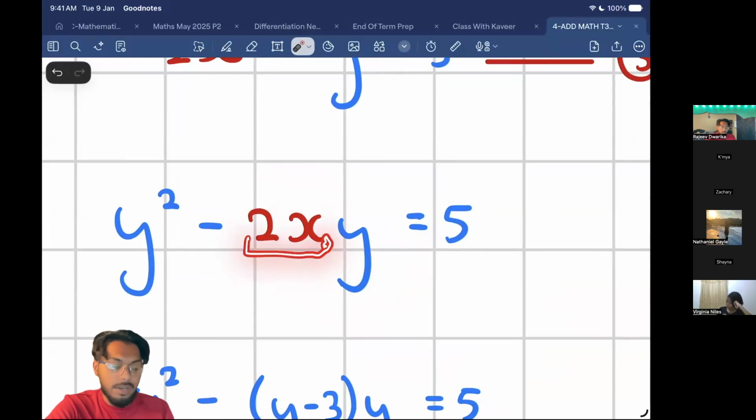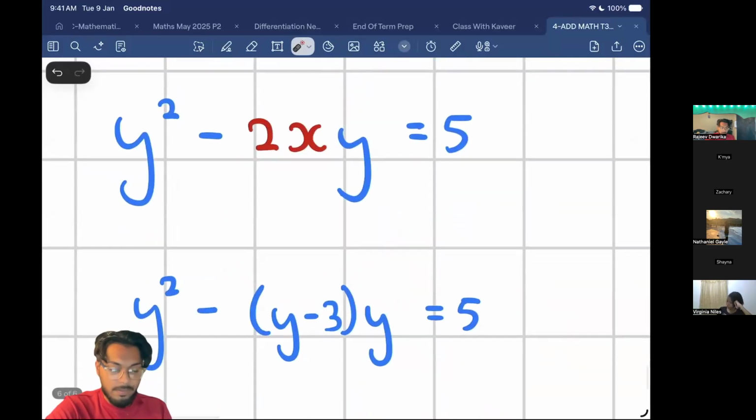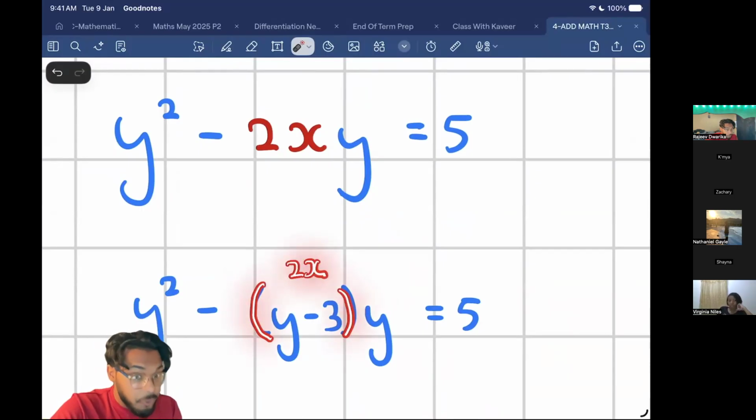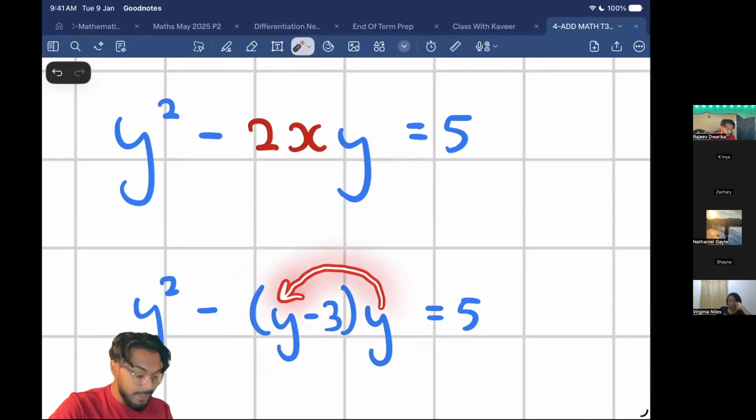Y. Good. So what is 2x? 2x is y minus 3. Exactly. And that y minus 3 is really just 2x, which is really just being multiplied by y. Yeah. So you have to multiply everything inside here by y.